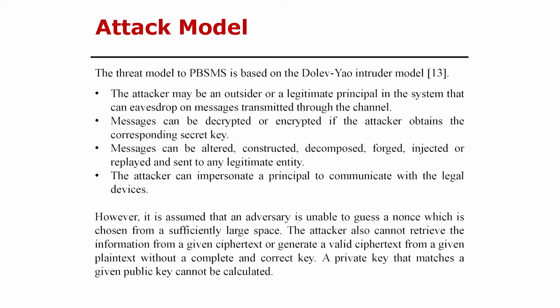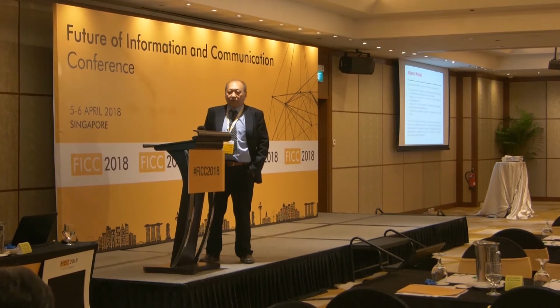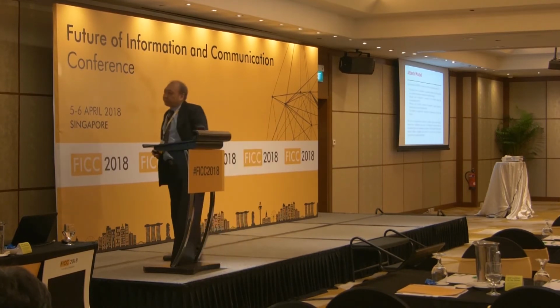which can drop any message transmitted through the wireless channel, not the cable channel. Messages can be decrypted or encrypted if the attacker obtains the keys. So if the attacker has the key, then everything is compromised. No security anymore.